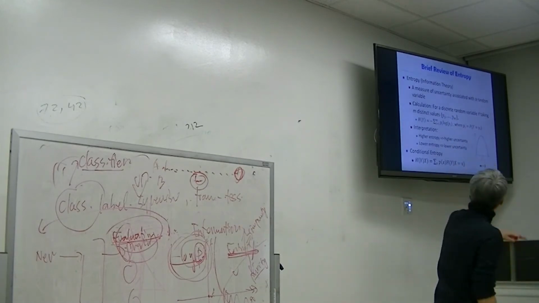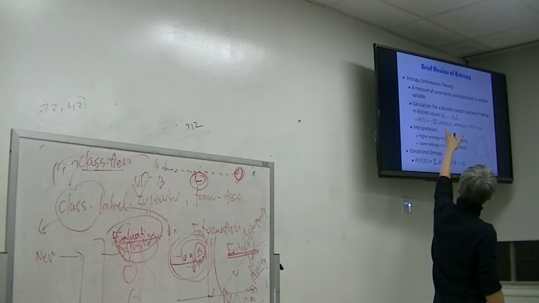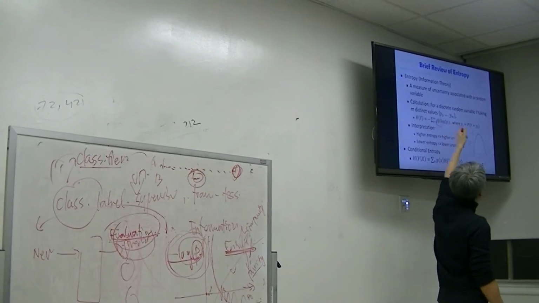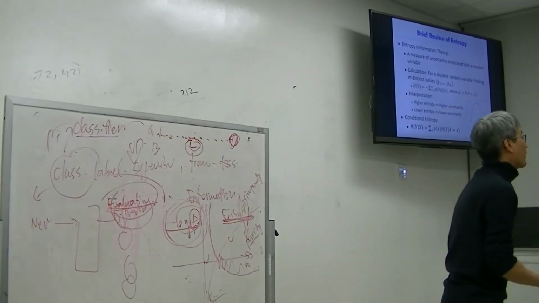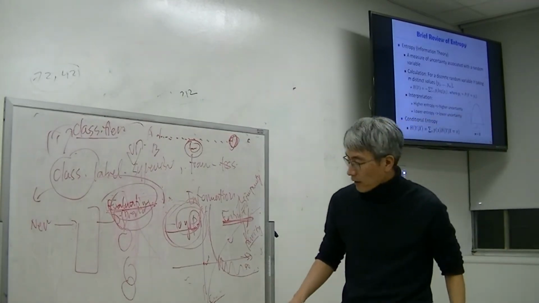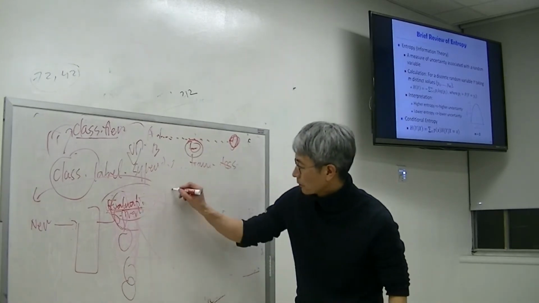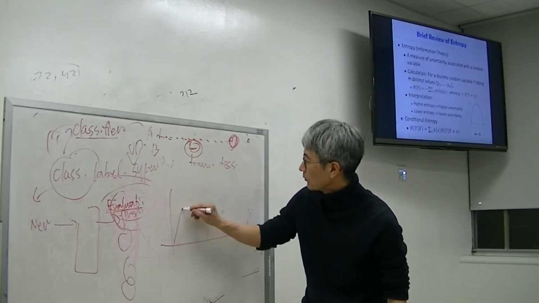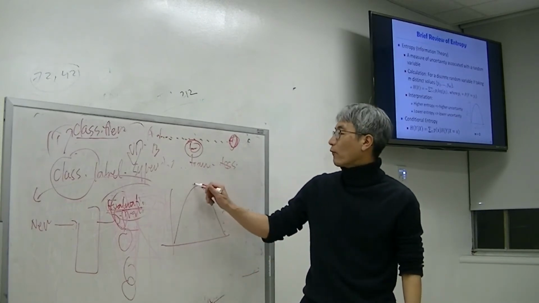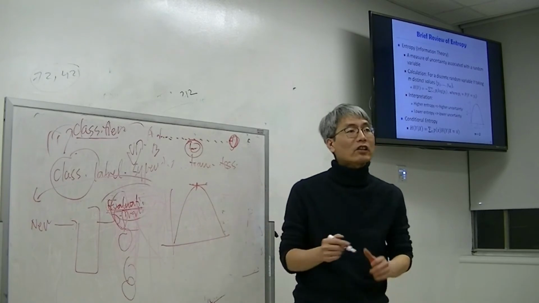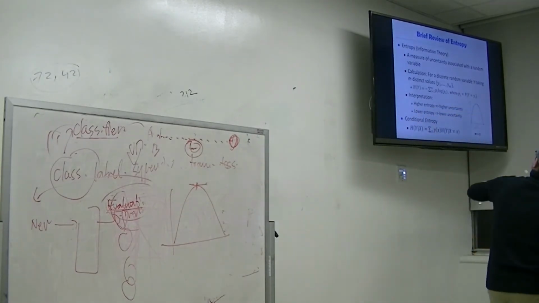Then it should be minus, but since it's between 0 and 1, we multiply by p_i, so it will look like this curve. We try to find the feature that has the high entropy, so that represents this one.